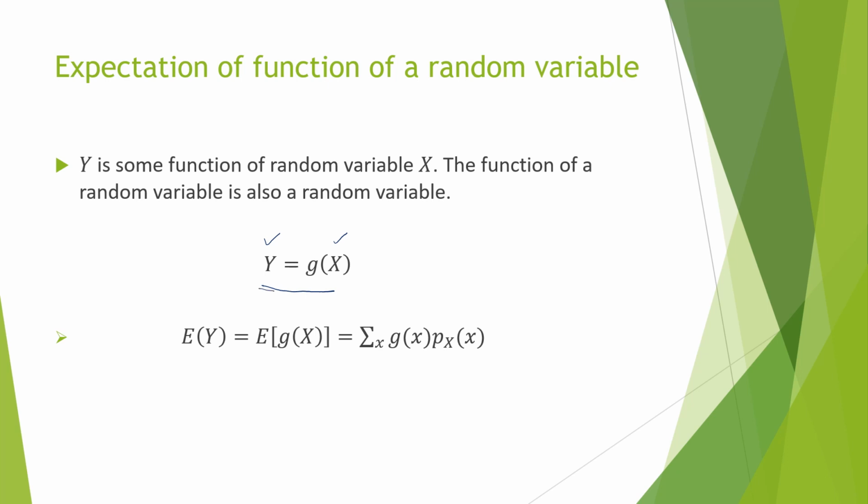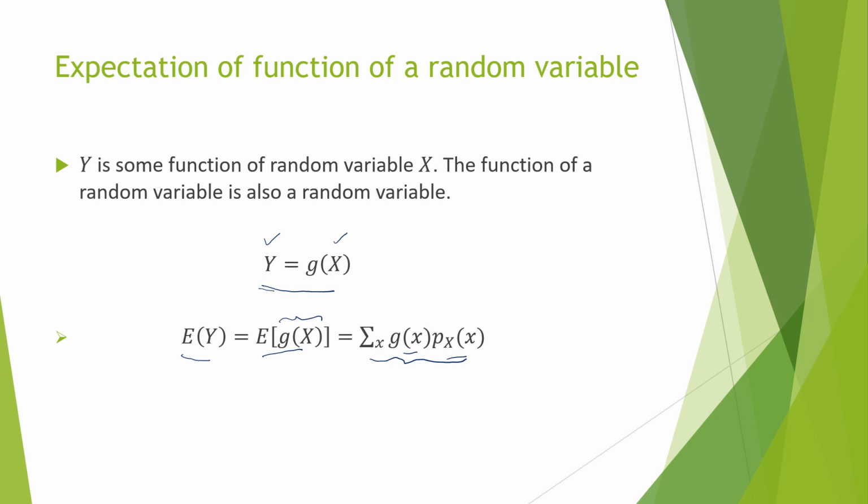Now if you want to calculate the expected value of a random variable which is a function of a random variable, that is, in this case, E[y] is equal to E[g(x)]. Substitute g(x) in the place of y, and that is given by the sum of g(x) into p_X(x). We can readily adapt this equation.